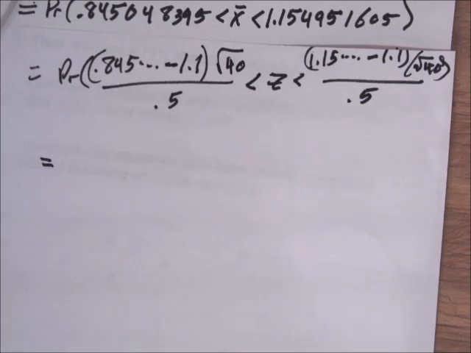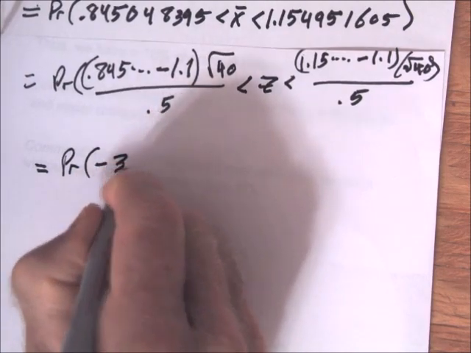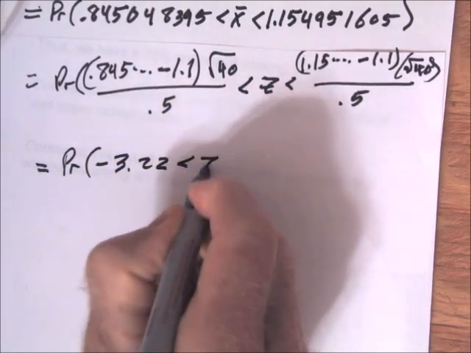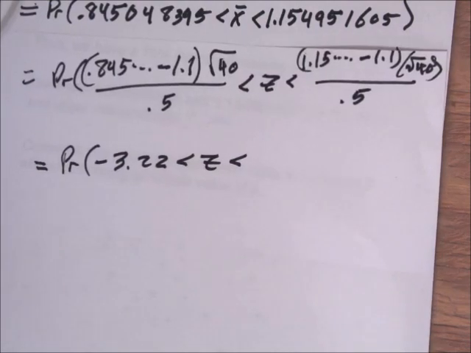So 0.845 something minus 1.1 equals, times second square root of 40, divided by 0.5, equals. I get about negative 3.22 less than z, less than, and this one here, let's see if I have that in memory.